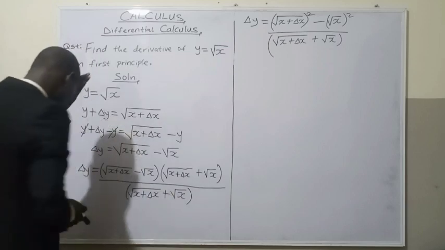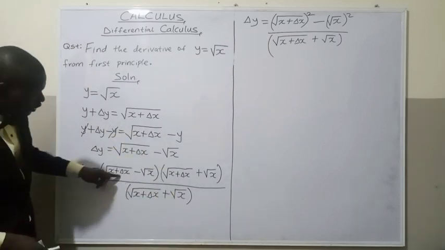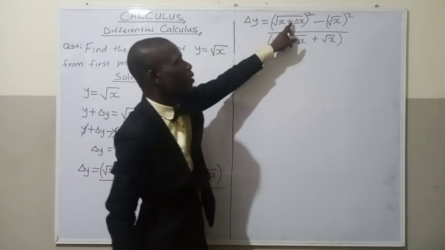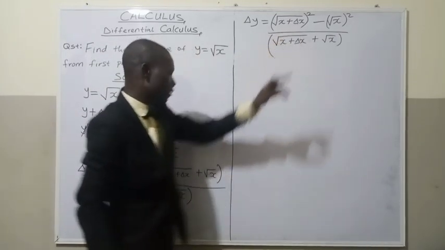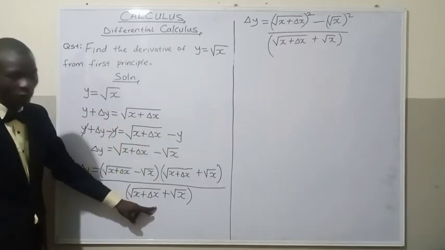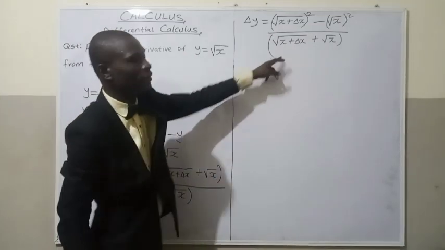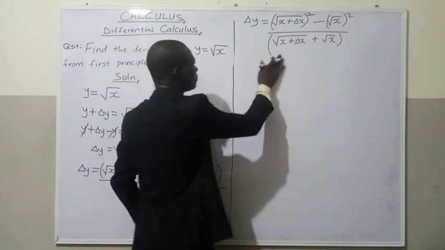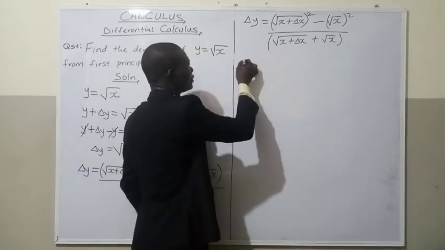So explain this. This numerator, when you multiply out these two numerators, this is what you are going to come up with: the difference of two squares. And then the denominator remains as it is, unchanged. So we come under to have this.